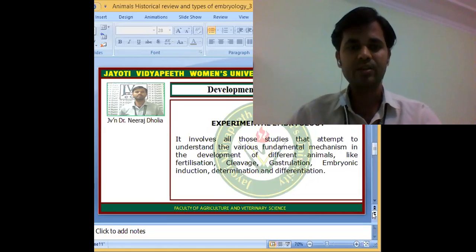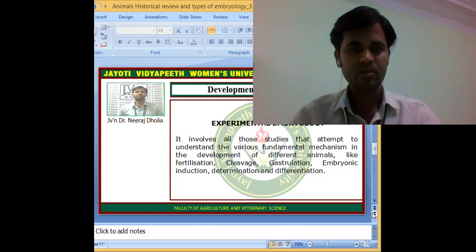These are the various phenomena which occur during the embryological development, and we can conduct experiments at each and every step, which will be explained by the experimental embryology.